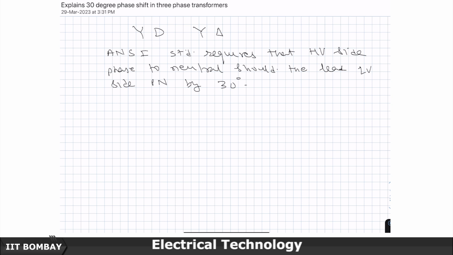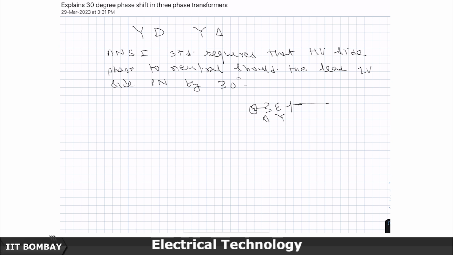I think I told you in the previous lecture that if you follow this, for example, I have this 2-bus system and I keep the lower side delta and the high voltage side star, which is a natural thing to do.